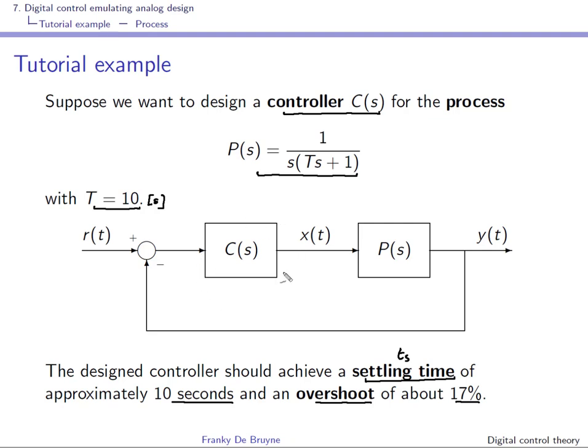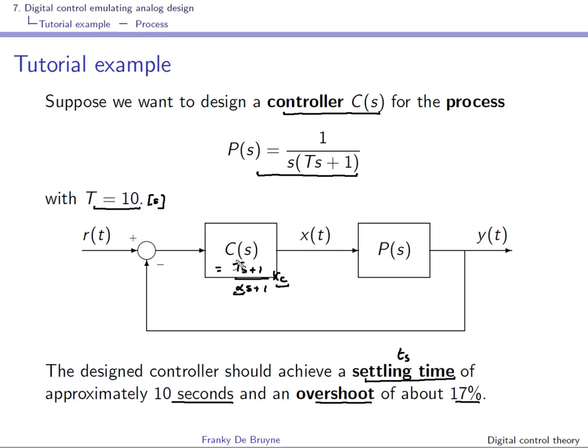This is a type of controller that you've also used in last year's course of Fundamentals of Control Theory. We'll use a controller of the type (Ts+1)/(alpha s+1), where alpha has to be determined, times a gain, which also has to be determined.